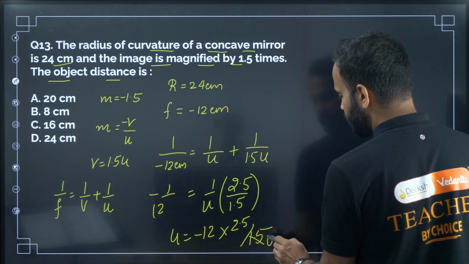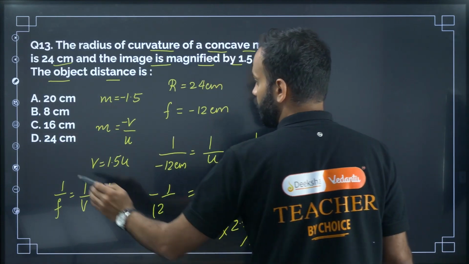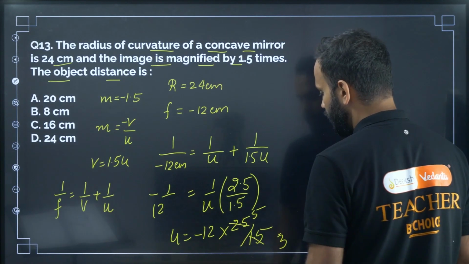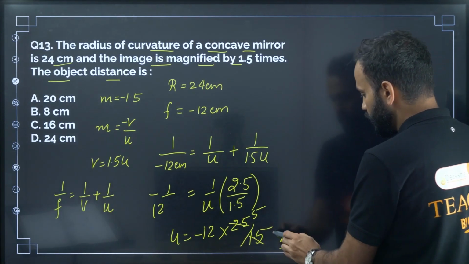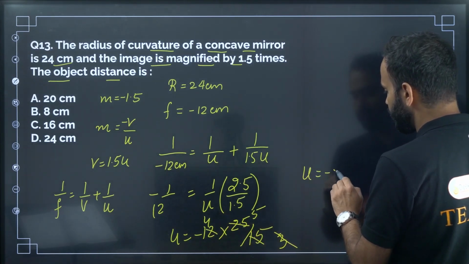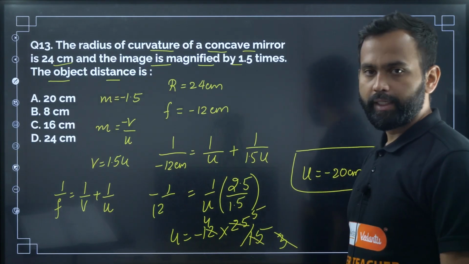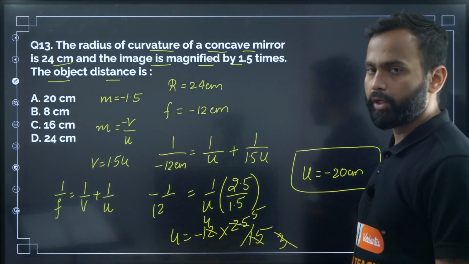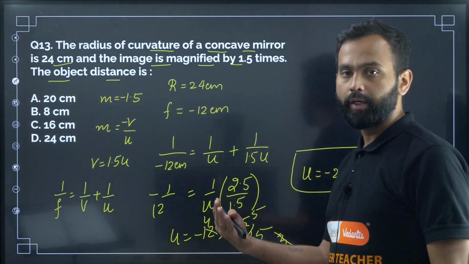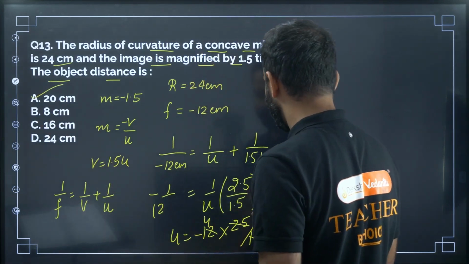So 0.5 3s are 1.5, 0.5 5s are 2.5. Now 3 4s are 12, 4 into 5 is 20. So U equal to minus 20 centimeter. What is the meaning of the negative sign? The negative sign indicates that the object is placed in front of the concave mirror, that is, the direction of measurement of U is opposite to the direction of the incident ray. So the correct option is A.